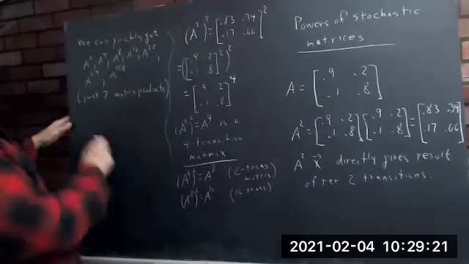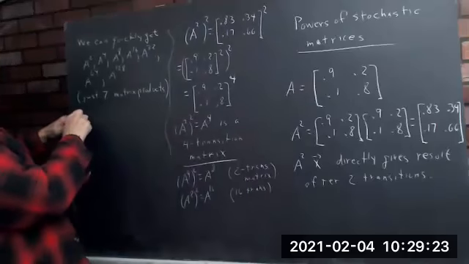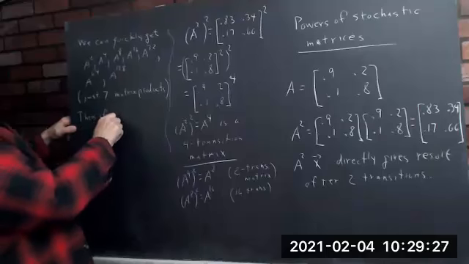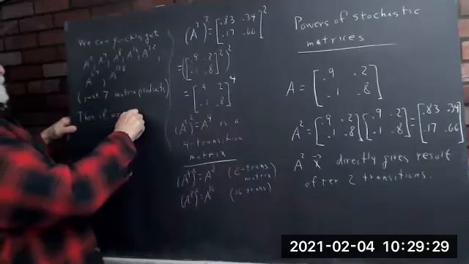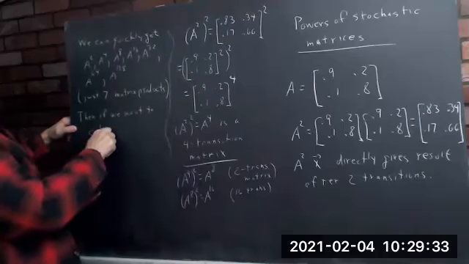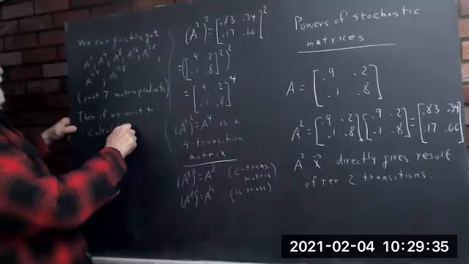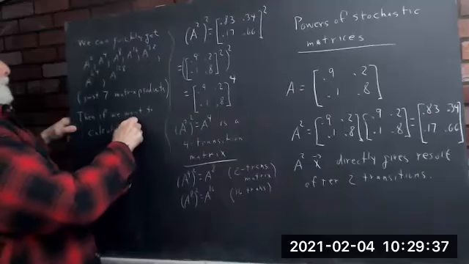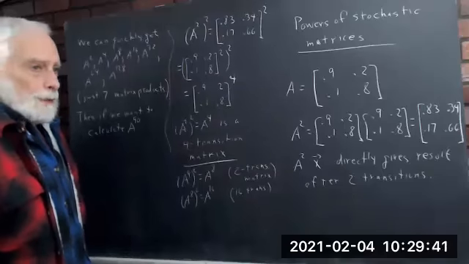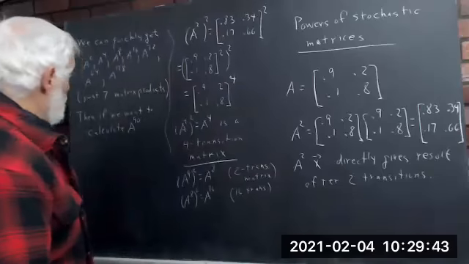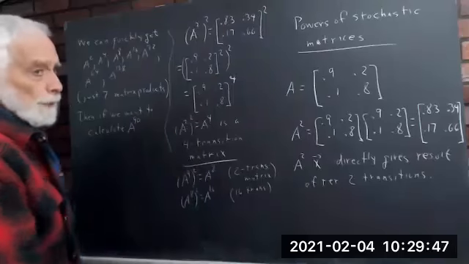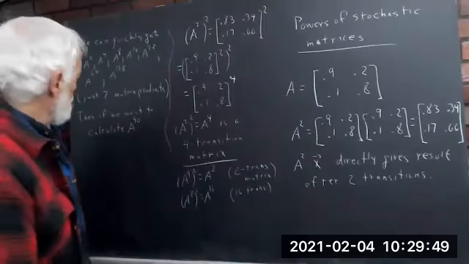Okay, then if we then want to calculate A to the 90th, find out what happens after 90 transitions. Well, in one sense, we kind of know because we can easily figure out what this matrix converges to.